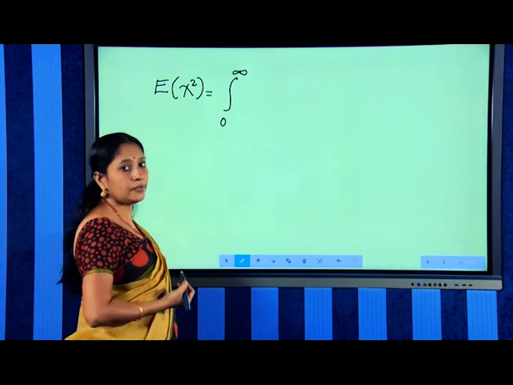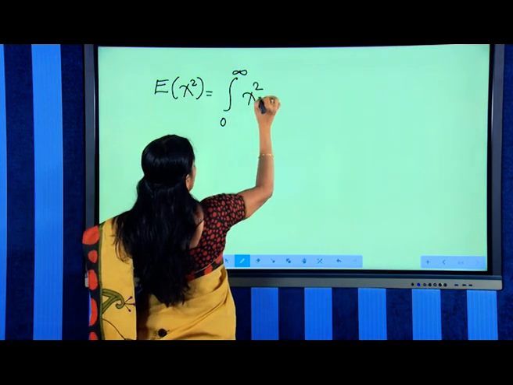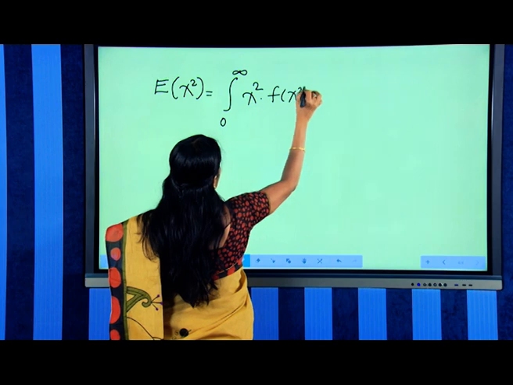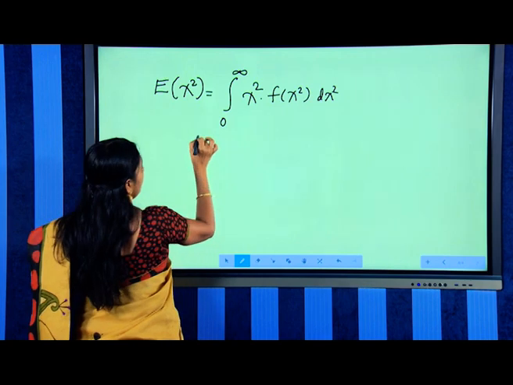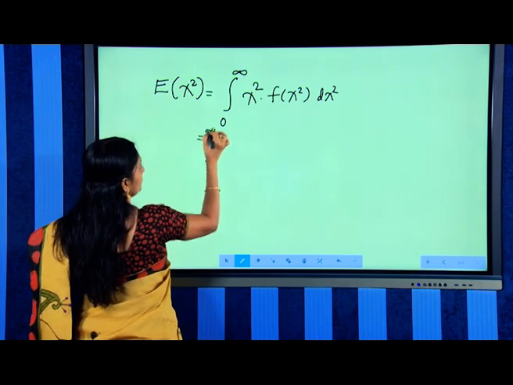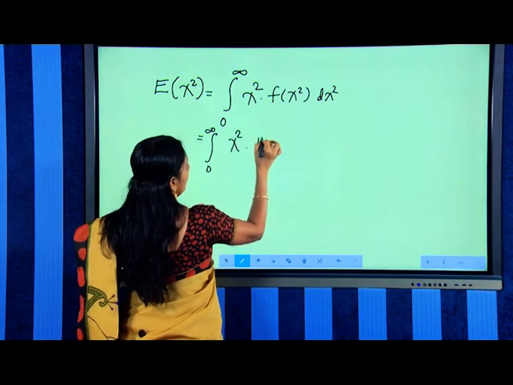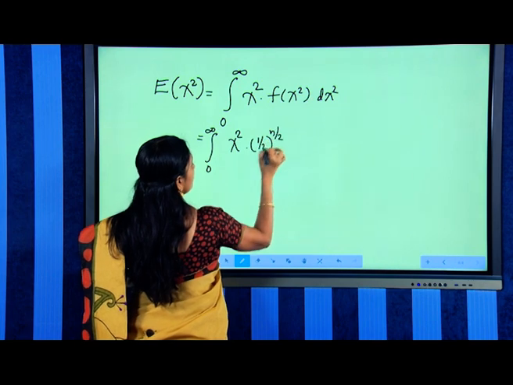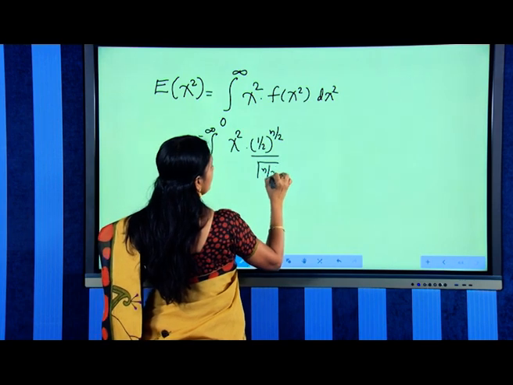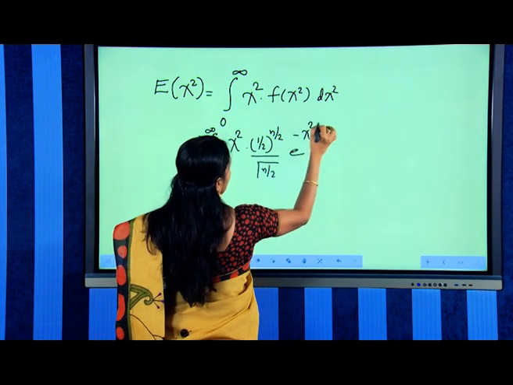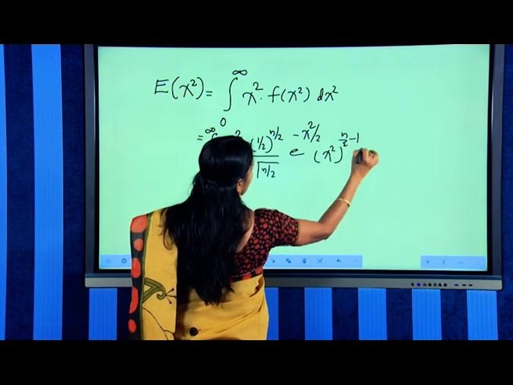For the chi-square distribution, the range is from 0 to infinity, chi square into f of chi square d chi square, and that is equal to integral 0 to infinity chi square 1 by 2 to the power n by 2 divided by gamma n by 2 e raised to minus chi square by 2 chi square raised to n by 2 minus 1 d chi square.